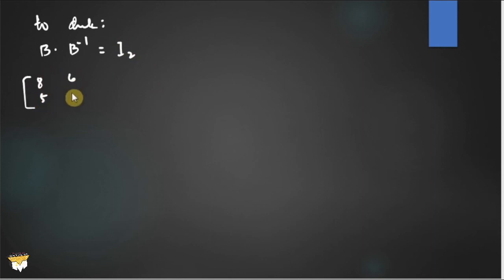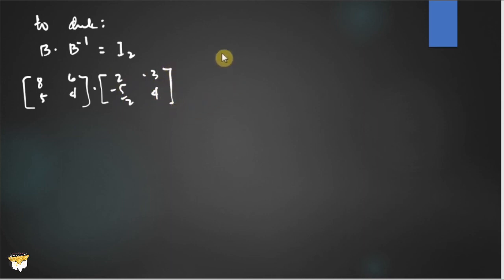Right? So let's check again whether our answer is correct. So to check, we have the matrix B times its inverse must be equal to the identity matrix. So let's try. Matrix B natin, we have 8, 6, 5, 4. Then multiply this by its inverse. We have 2, negative 3, negative 5 over 2, then 4.